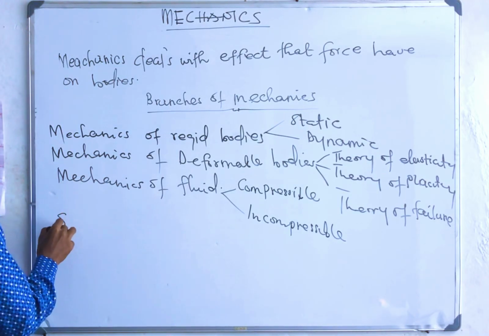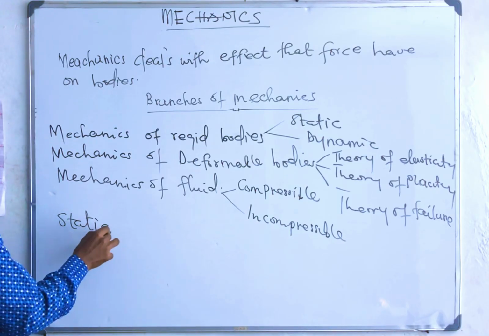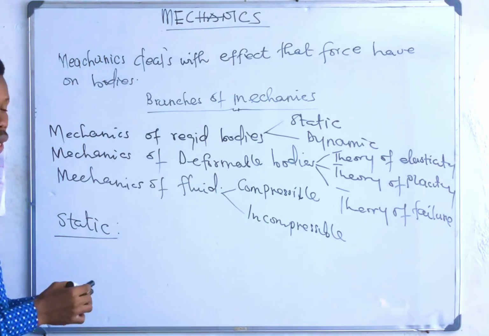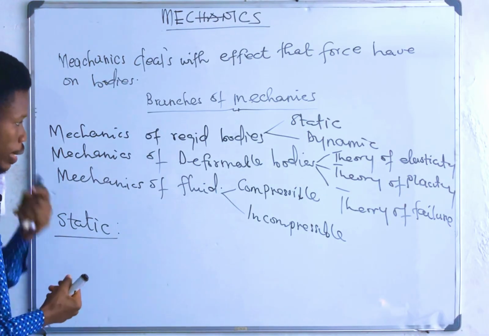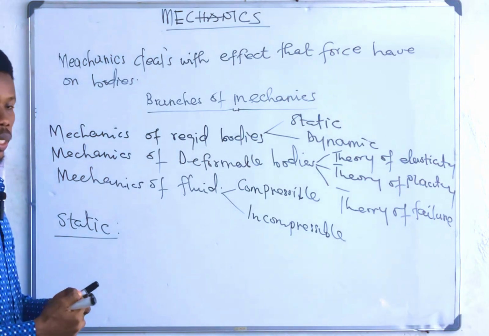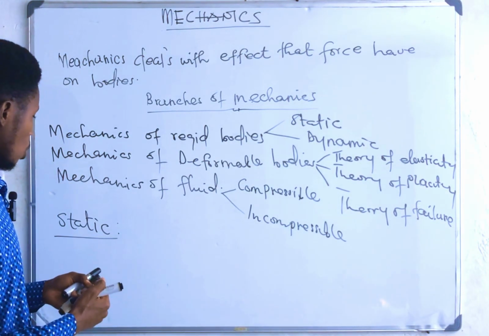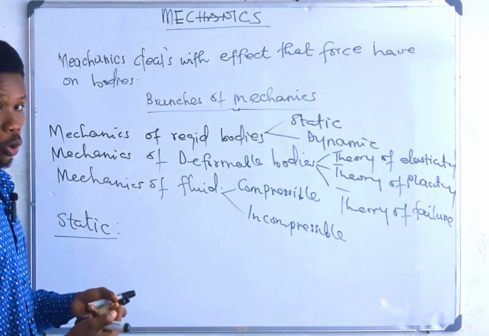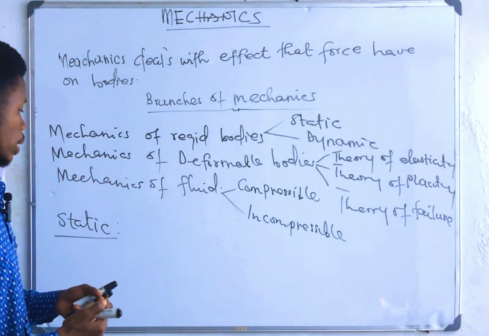So when you say static bodies, what does it mean? When we say static body, it's just talking about when a body acts under a balanced force. We say that body is in a static form.